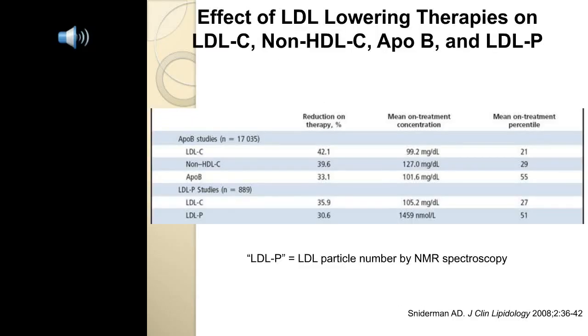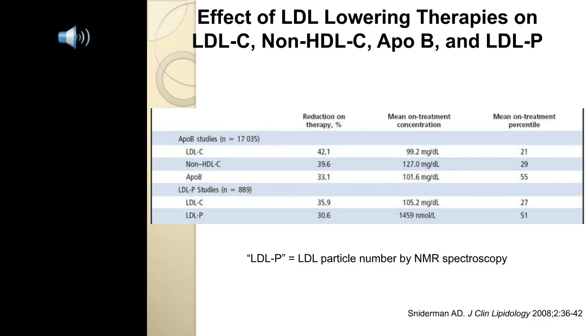And we are now familiar with evidence that suggests that when we take these different measures of atherogenicity, we get different results. And so if we look at the effect of LDL-lowering therapies, you'll see that the amount of reduction differs according to whether we've measured LDL cholesterol, non-HDL cholesterol, or ApoB, a more flattering sort of result for LDL cholesterol than for the other parameters.